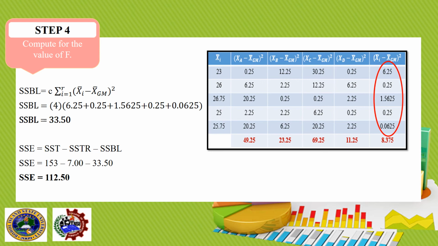So we have 6.25 plus 0.25 plus 1.5625 plus 0.25 plus 0.0625, and then multiply it by the value of C, which is equal to 4. So our SSBL is equal to 33.50.